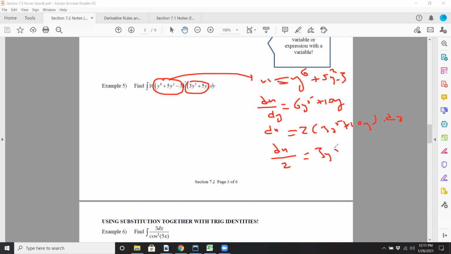So you have 3y^5 plus 10y times dy. And so all this can be substituted. So now you have the integral of 10. I'm going to push a 10 off to the left here, of u to the 7th power times du over 2. Or it becomes 5 times the integral of u^7 du.